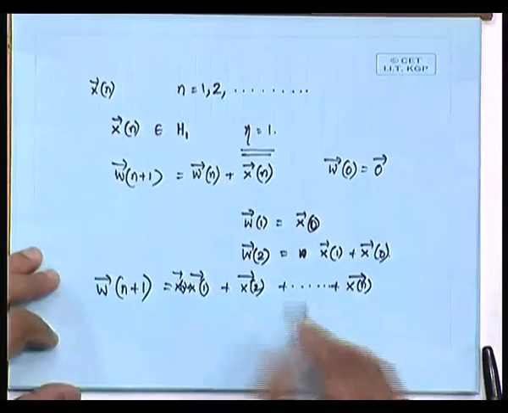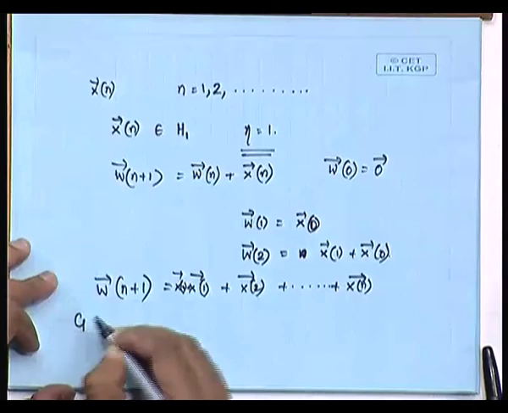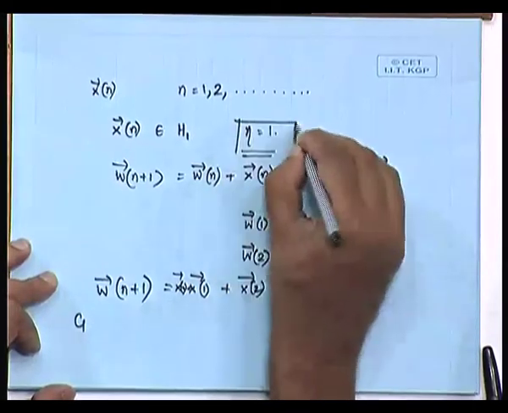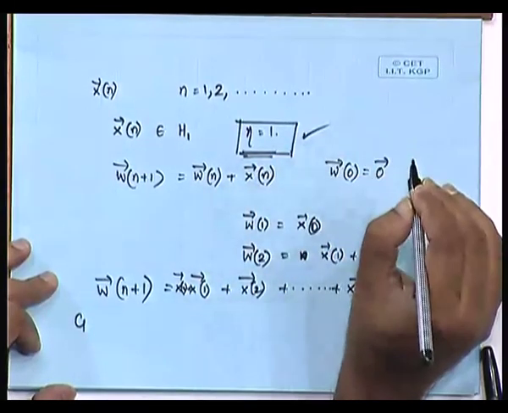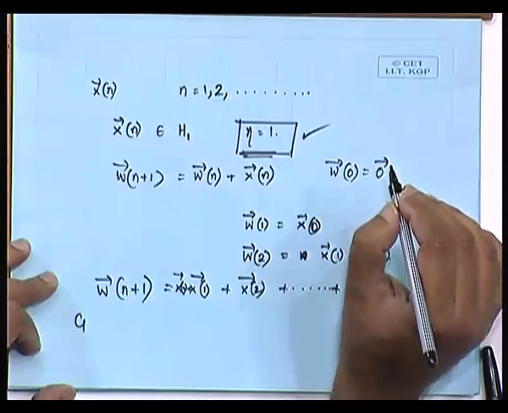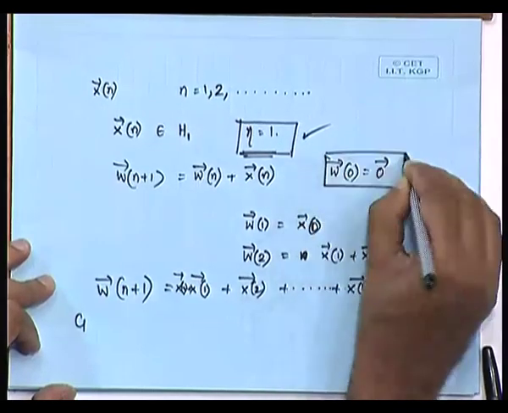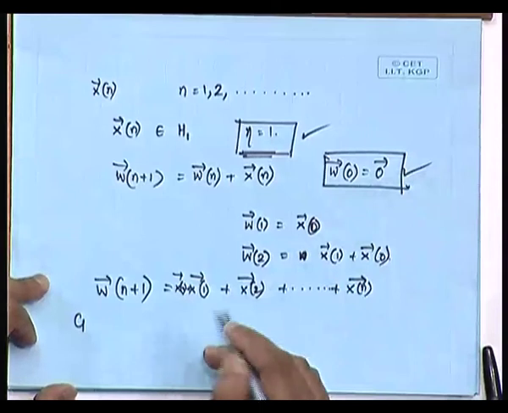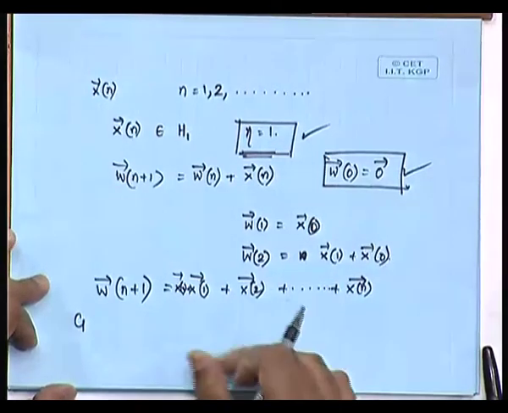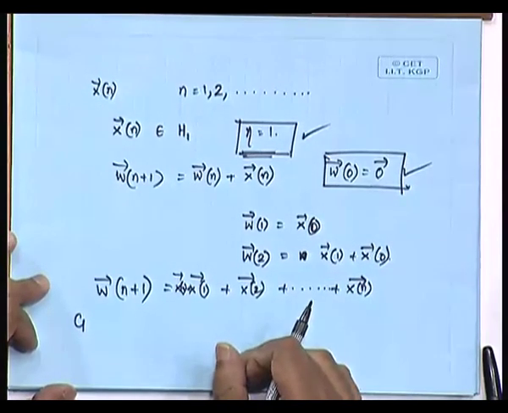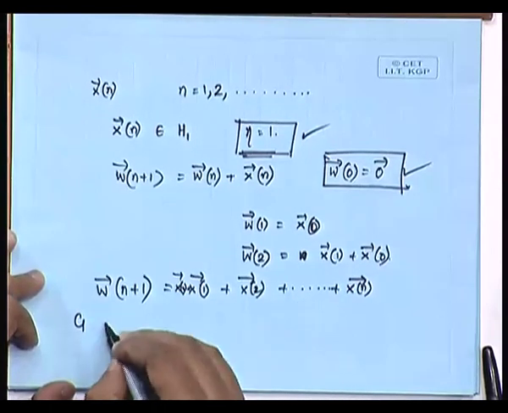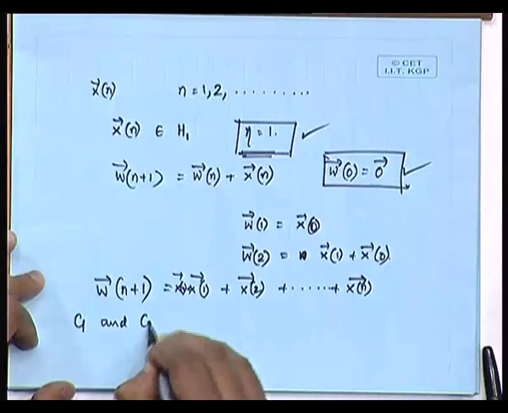But again, there is another assumption that we are making, and we have made use of this assumption already. We have also made use of another assumption that W0 is equal to 0, and the third assumption that we started with is that C1 and C2 are linearly separable.